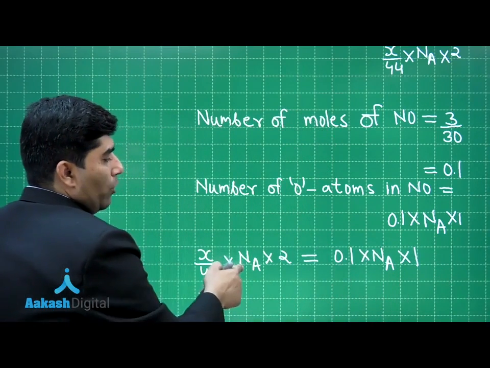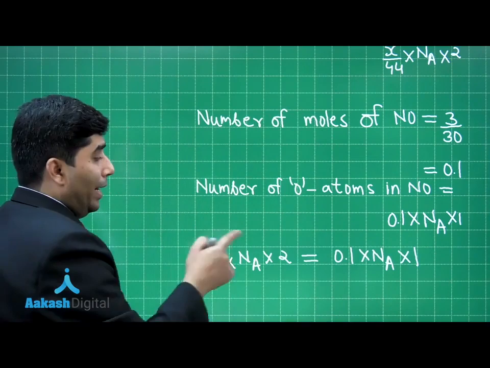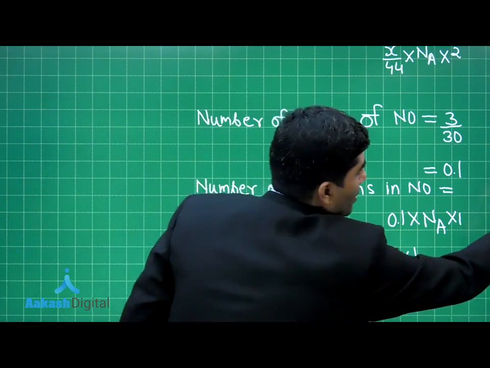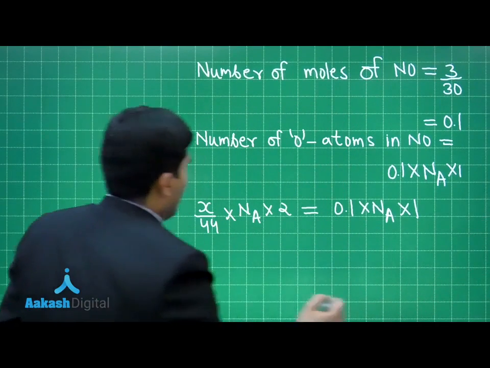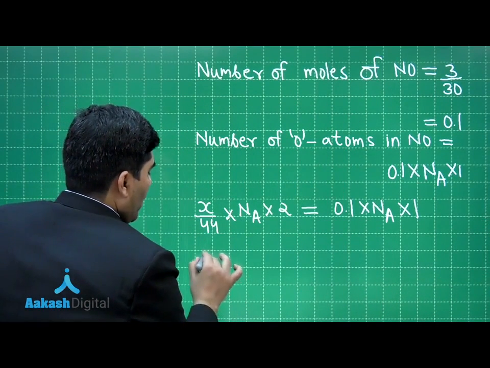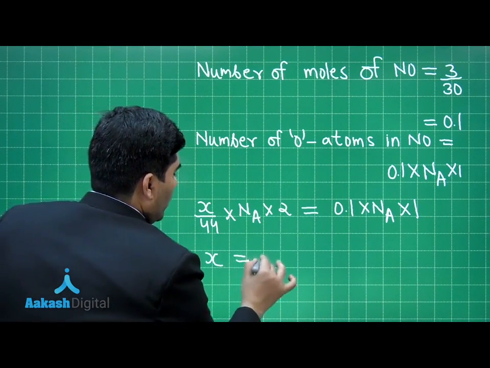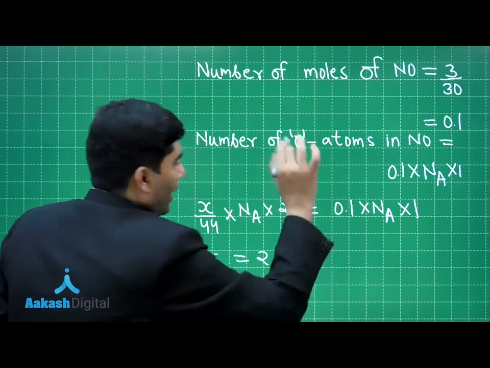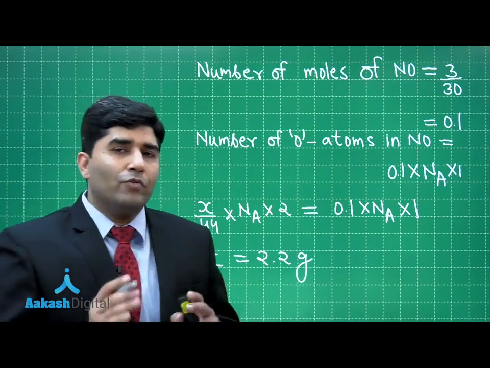So, this Avogadro number and this Avogadro number Na will cancel out, and finally we will get the answer: x is equal to 2.2 grams. So guys, this was the final answer.